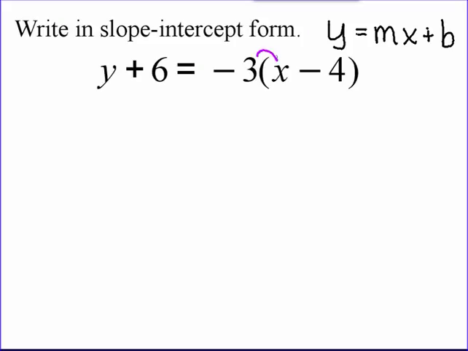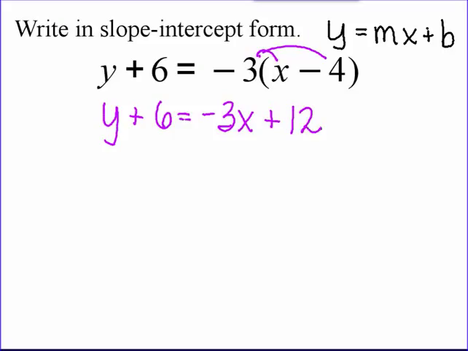Right in slope-intercept form, what is the first thing I'm going to do? Distribute the negative 3. So I end up getting y plus 6 equals negative 3x plus 12. Now actually this one is a little easier than the problems we just got done doing.